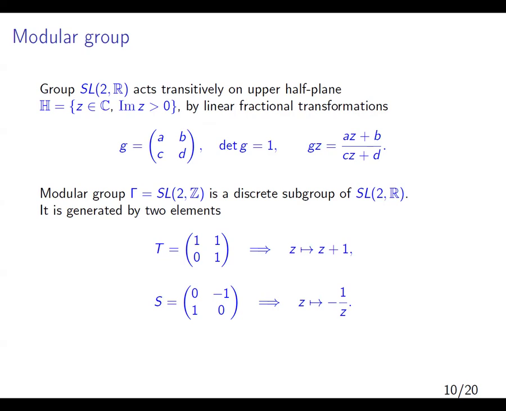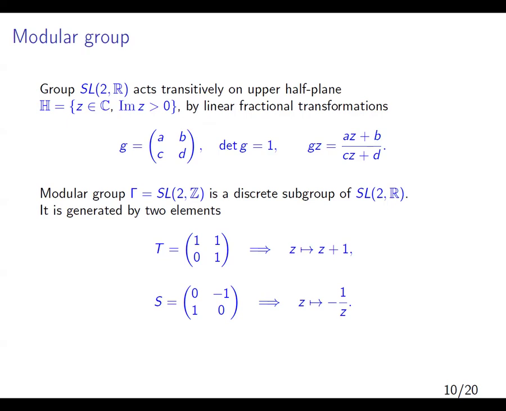And there is a discrete subgroup, which is just constructed from integer matrices. This subgroup is generated by two matrices like T and S. One shifts z by +1, and another makes such a transformation like here.